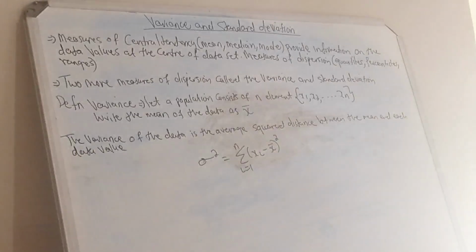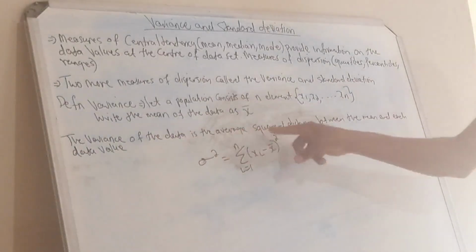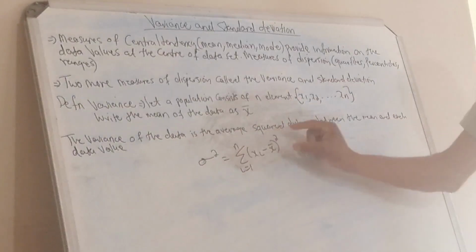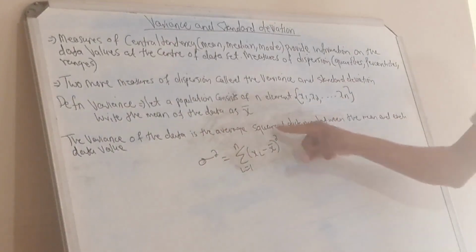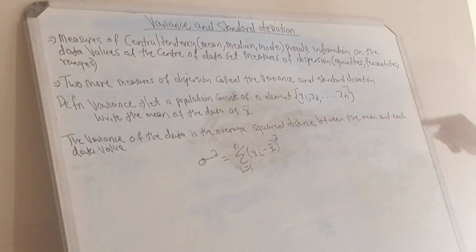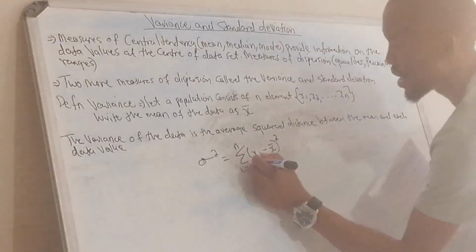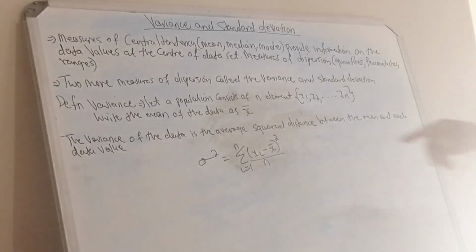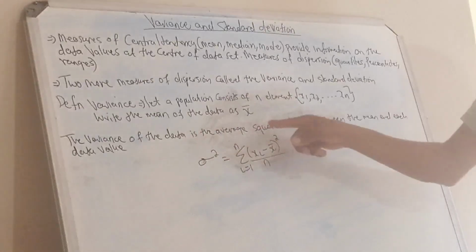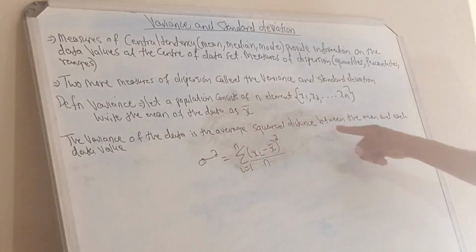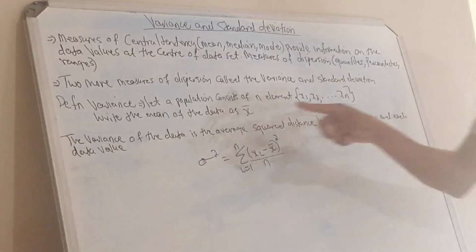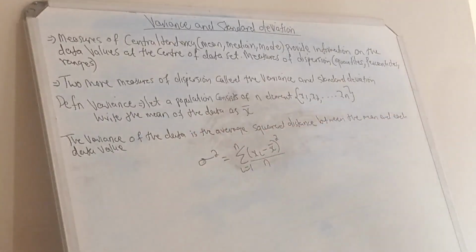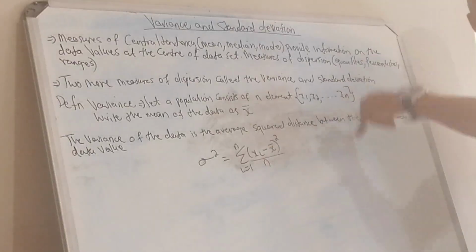So when we say that the variance of the data is the average squared distance between the mean and each data value, it is the average that has been squared. To find the average you have to divide by the total number of elements.